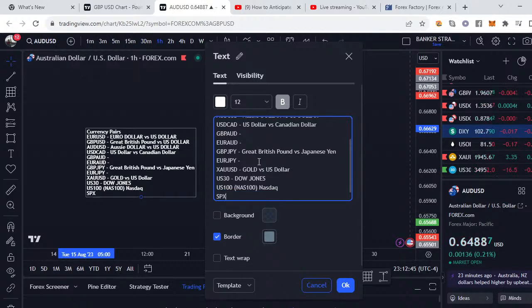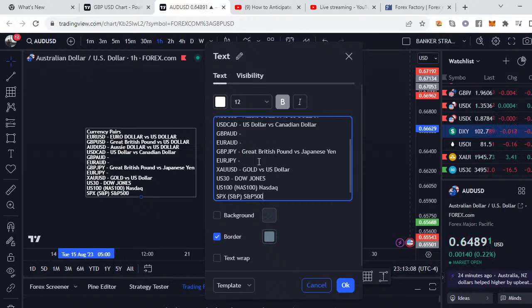And you have SPX, also known as S&P 500.